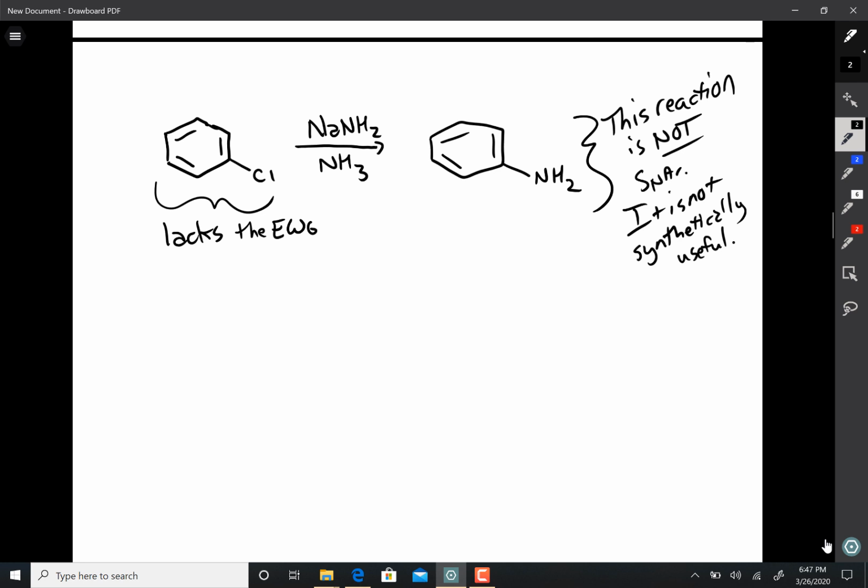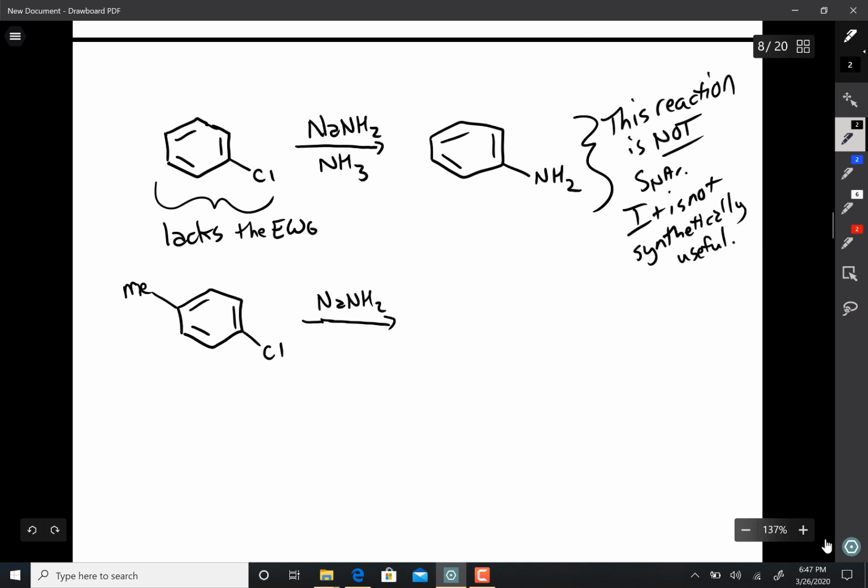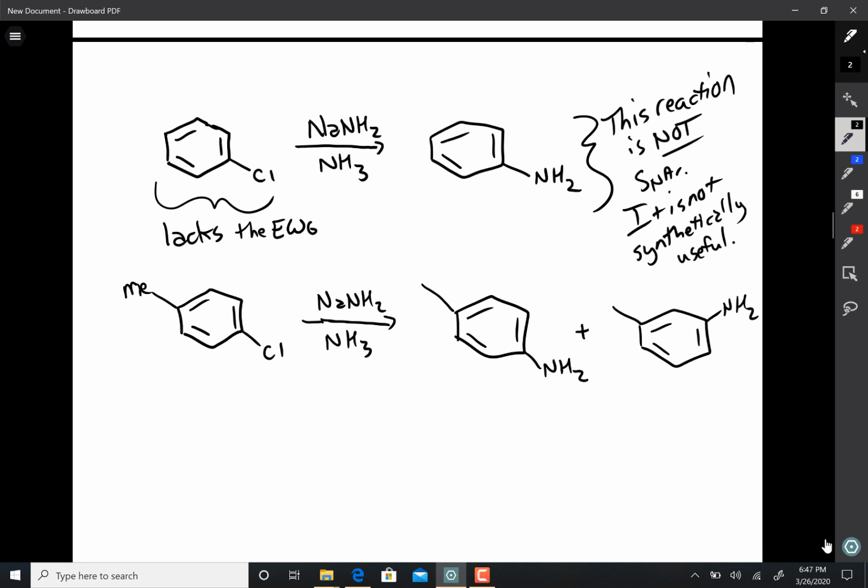When I mean it's not synthetically useful, although this reaction might give you a clean aniline, if you make any sort of change to the ring, like adding a methyl group over here, you actually will end up with a mixture of products, where the amine doesn't necessarily show up where the leaving group was.